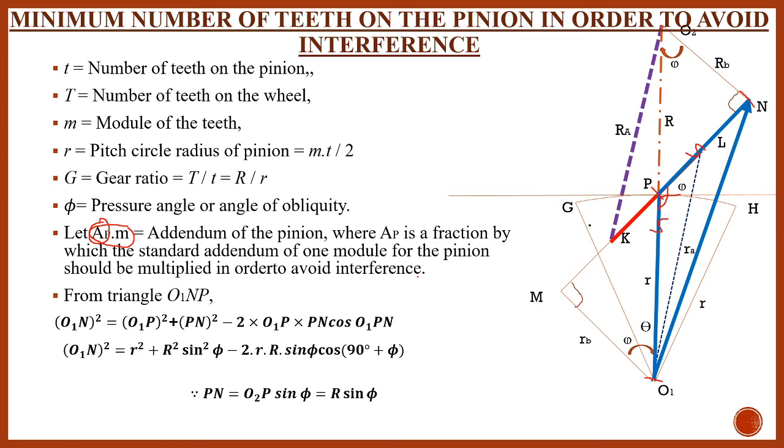Again O1P is equal to small r, the pitch circle radius of the pinion.